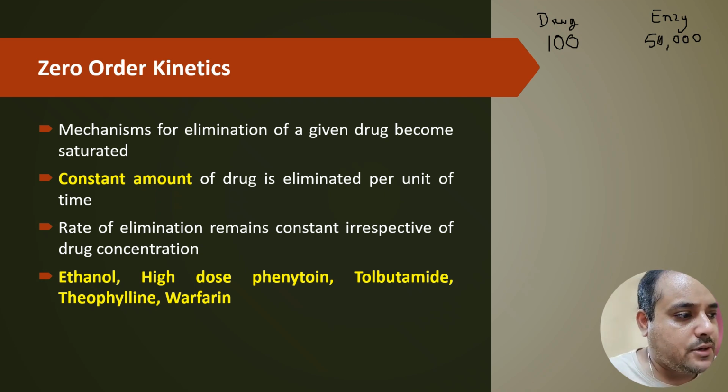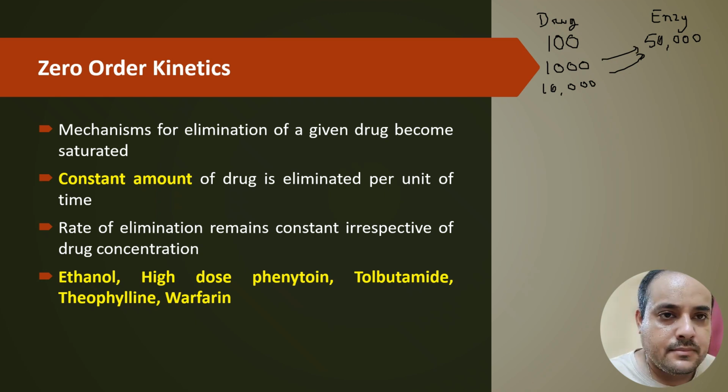But suppose I keep on increasing the dose of the drug. Now I have 1000. Again the number of enzymes is more. Then I have 10,000. Again the number of enzymes is more. But I keep on increasing the dose and I reach 50,000.